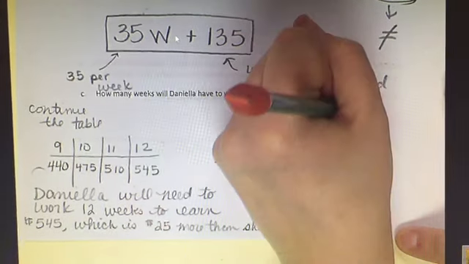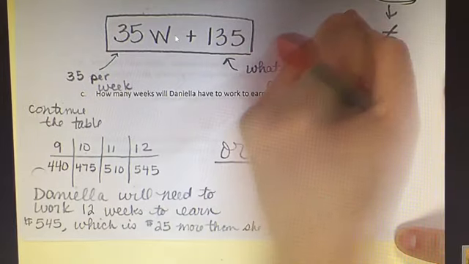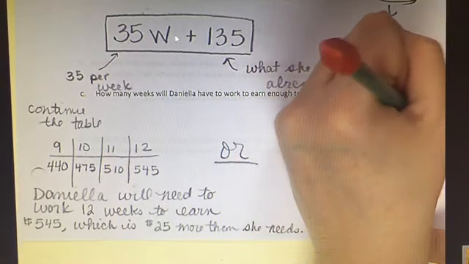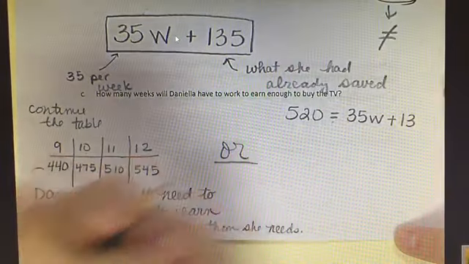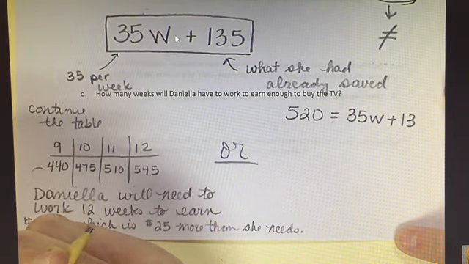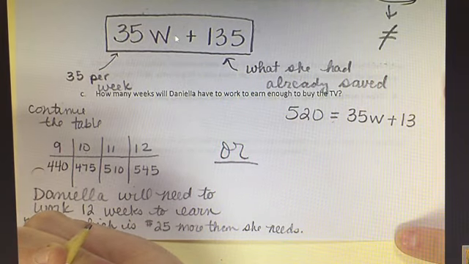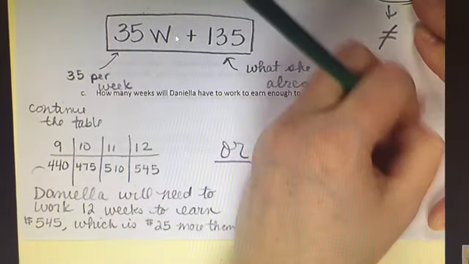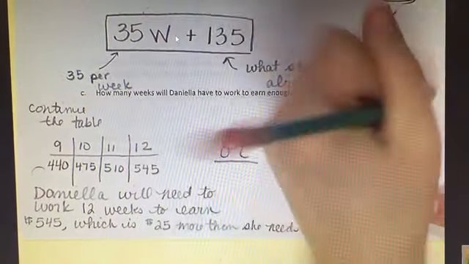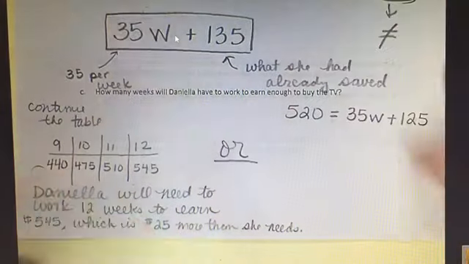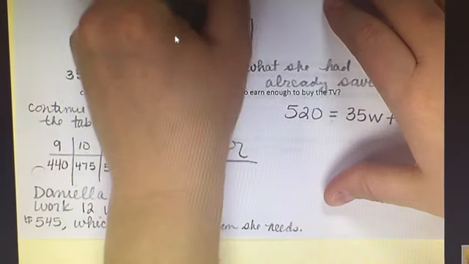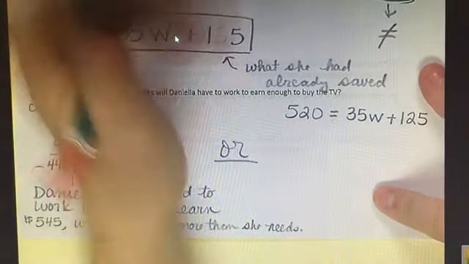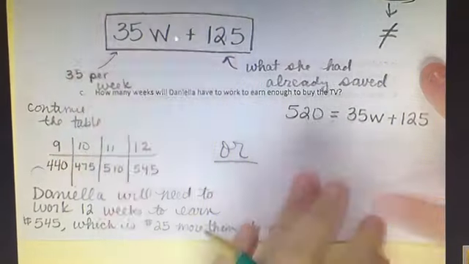So we would use our expression 35W plus 125. Oh goodness, I messed that one up. Hopefully you caught that before I did on the video. This is supposed to be 25. 35 was how much we added each week.